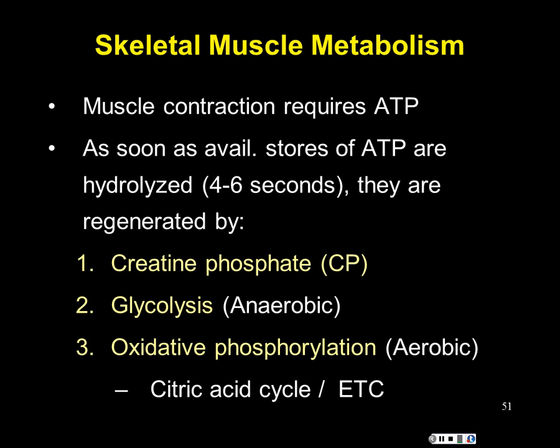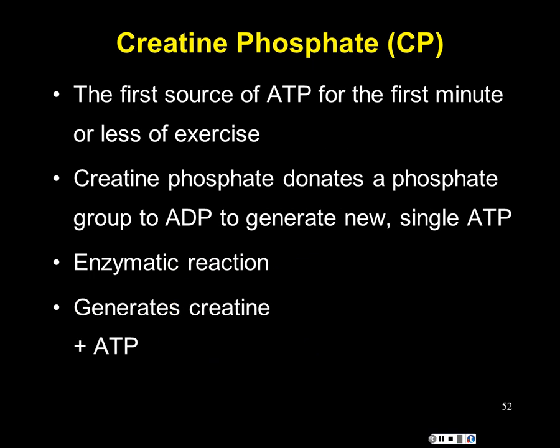So creatine phosphate is utilized to make one tiny little molecule of ATP, but the payoff is what? It doesn't make a lot, but it does it efficiently, very fast.